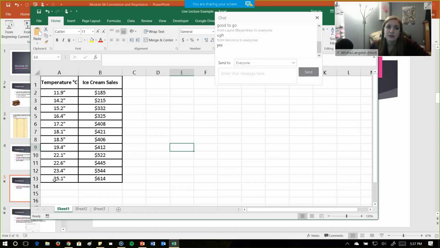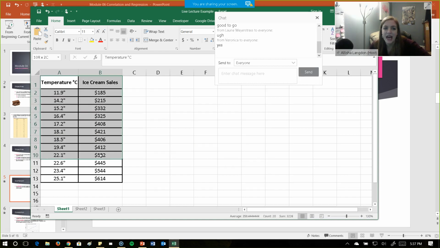And as you can assume, as the temperature increases, the ice cream sales also increase. Just a heads up, this is degrees Celsius. This would not make sense as degrees Fahrenheit, would it? 25 degrees Fahrenheit, I'm not buying ice cream. But Celsius, yeah, okay, I'll do that.